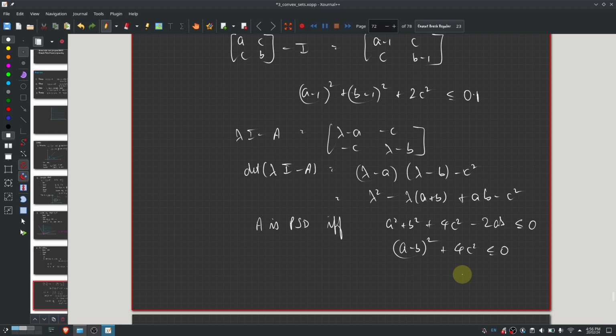So what if I take 1 0 0 2? Is that positive semi-definite? It's not positive semi-definite. Okay, so did we go wrong somewhere here? Can we check the conditions again?